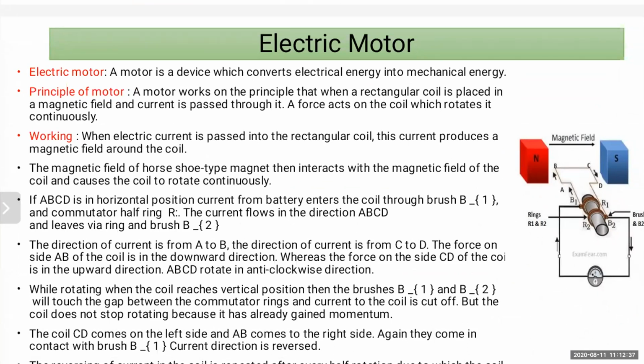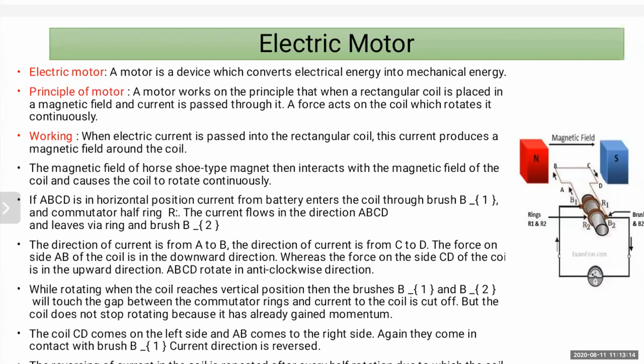You use various electrical appliances in your day-to-day life, like fan, refrigerator, washing machine, and computers. The working of these electric appliances totally depends on Fleming's left hand rule.